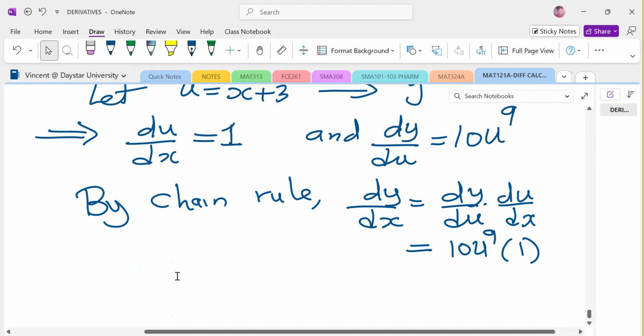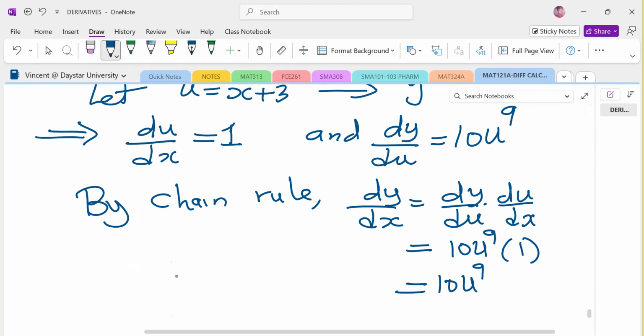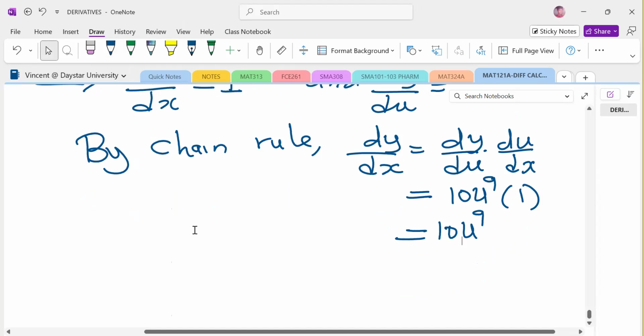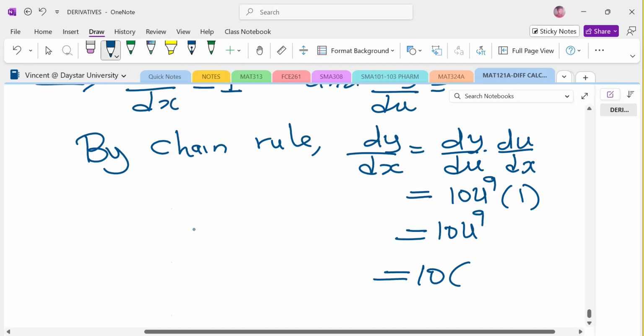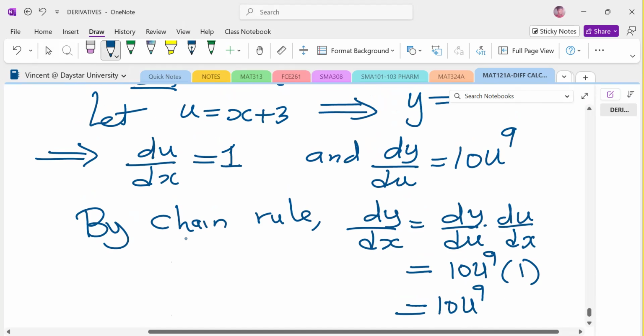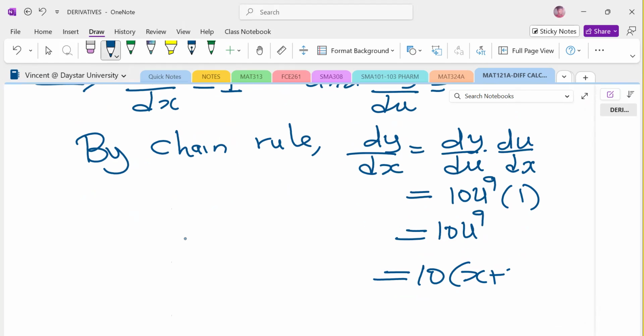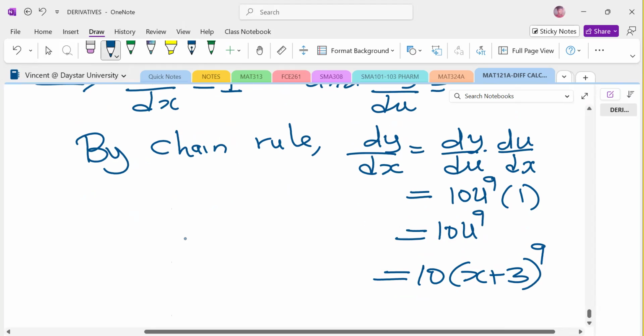So 1 times 10 u power 9 is just 10 u power 9. But remember, u was our own creation. The original function was in terms of x. So therefore, replace that u by its expression in terms of x. So we'll have 10 into x plus 3, then power 9. And this will be our dy dx.